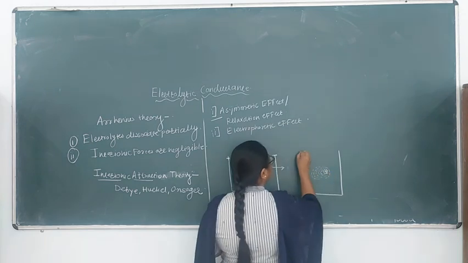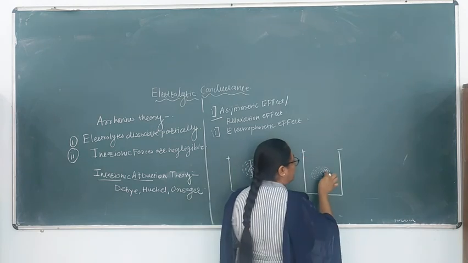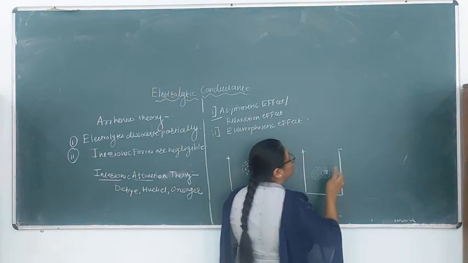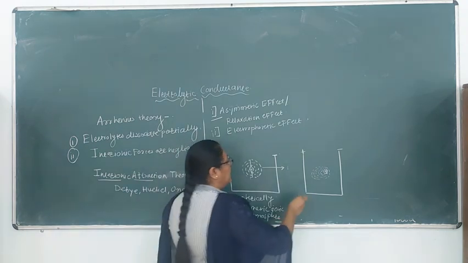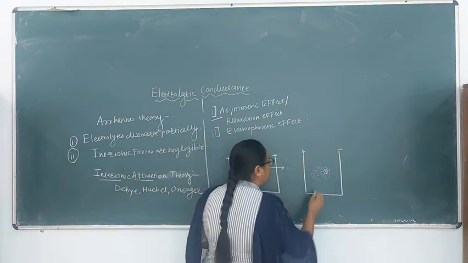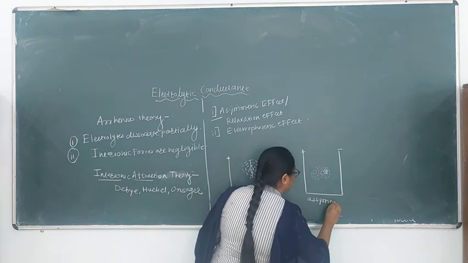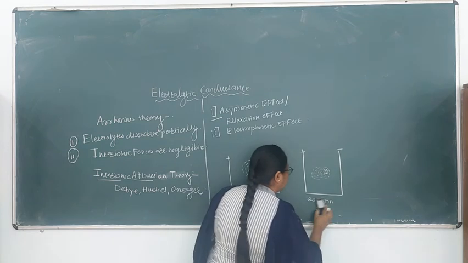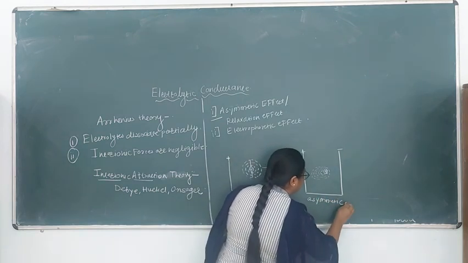The negative charges will try to move towards the positive electrode and the positive ion will try to move towards the negative electrode. Now in this case, the ionic atmosphere becomes asymmetric. The ionic atmosphere will become asymmetric.